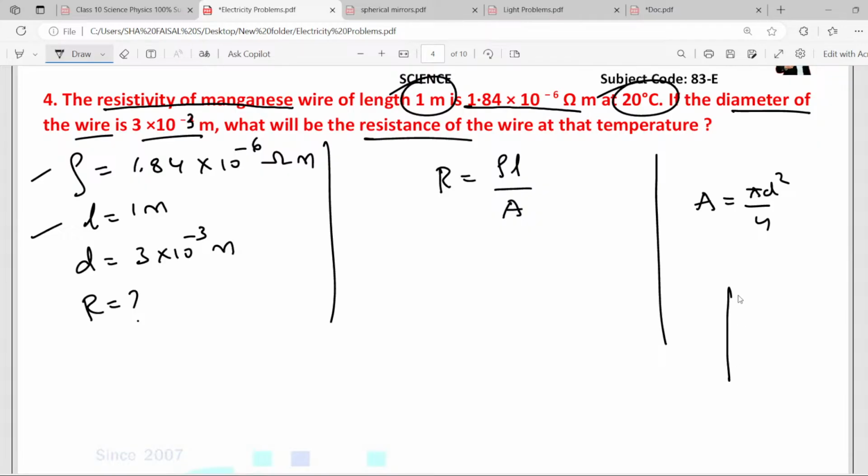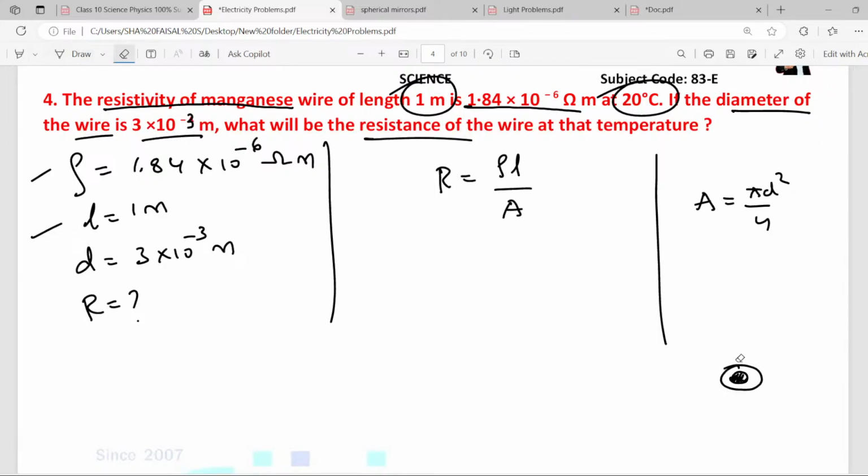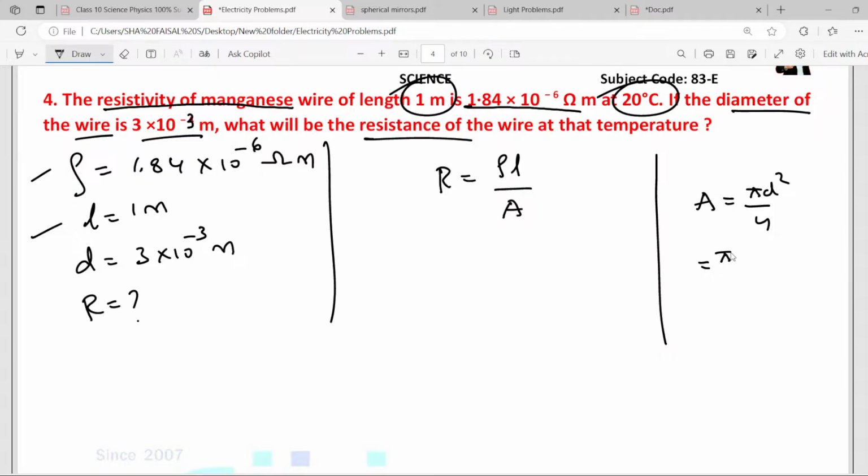As we know, this is a wire. In mathematics we have solved this, right? Can you see this area? This area is in the form of a circle. To find the area of this circular part, we use the formula pi d square by 4. Clear? Now, keep pi as it is.